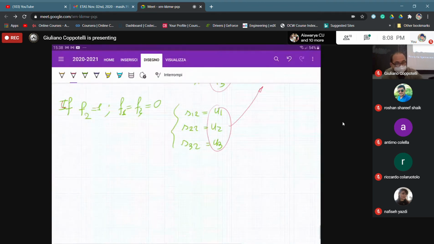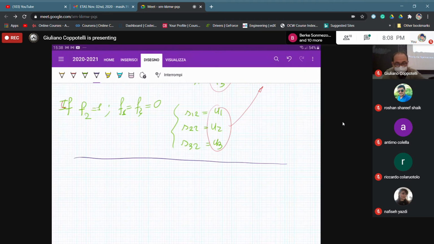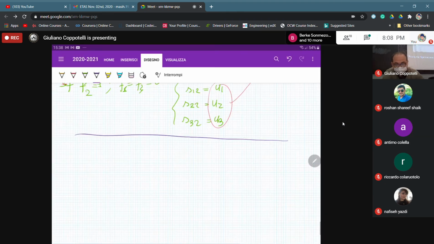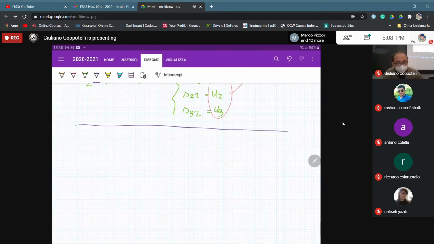Let me show you the reference picture, or a wing that is very slender, so that we can have the same result. So what you have is the wing, or the blade, with a shape like this.